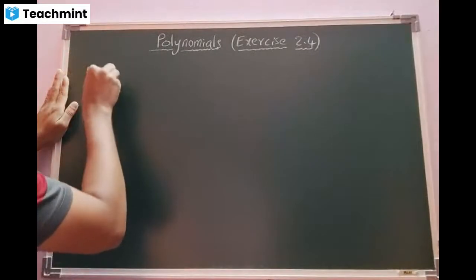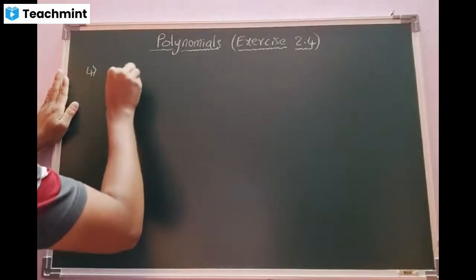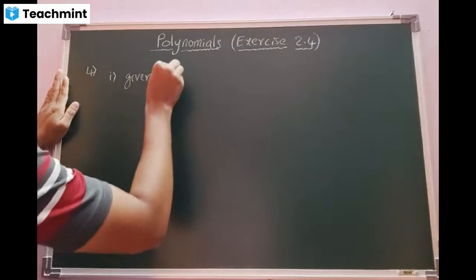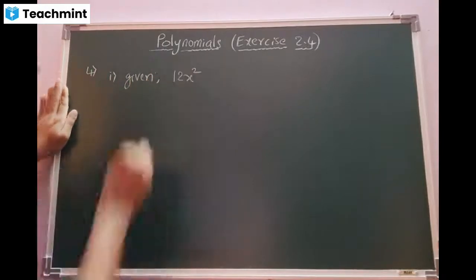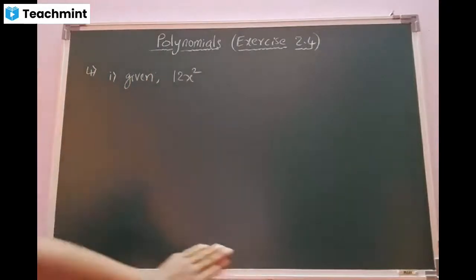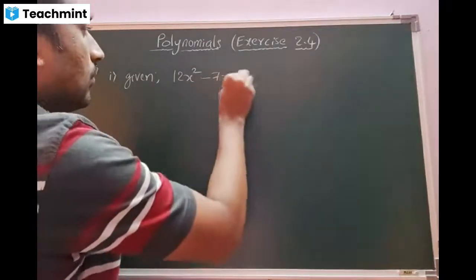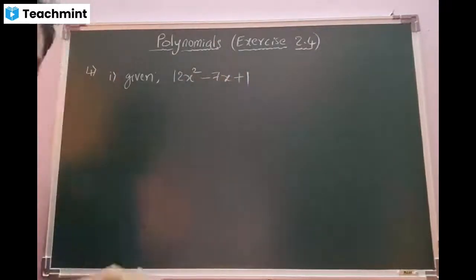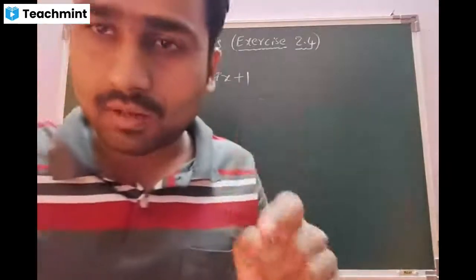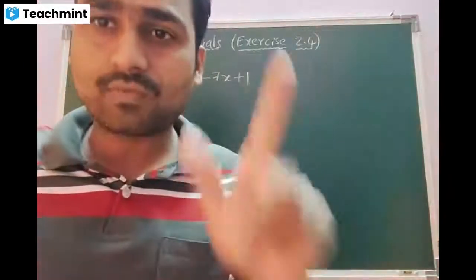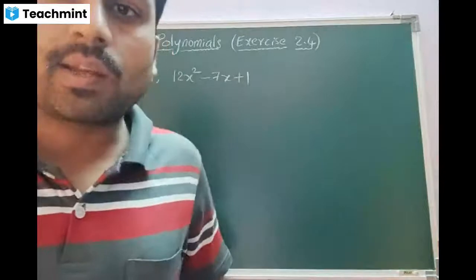Fourth main, first question, given 12x square minus 7x plus 1. Students, make a star mark for the fourth one as well as the fifth one. This is completely different.